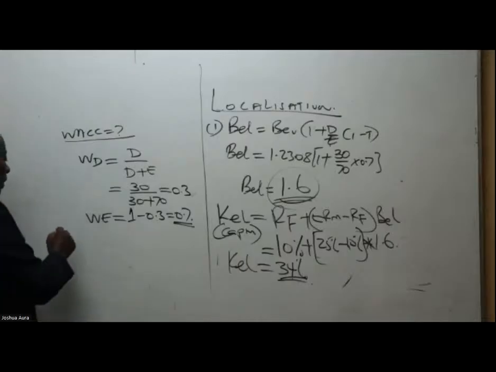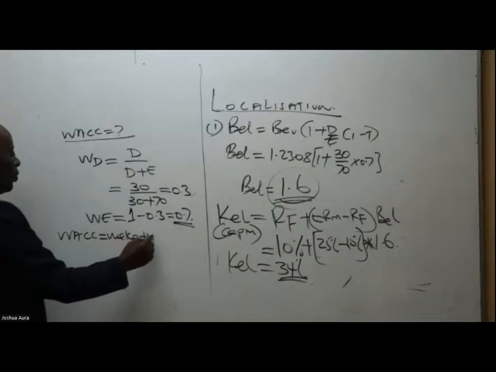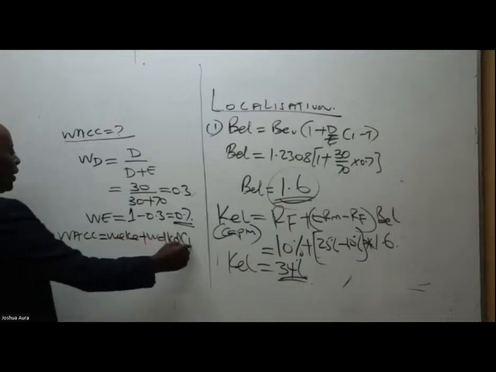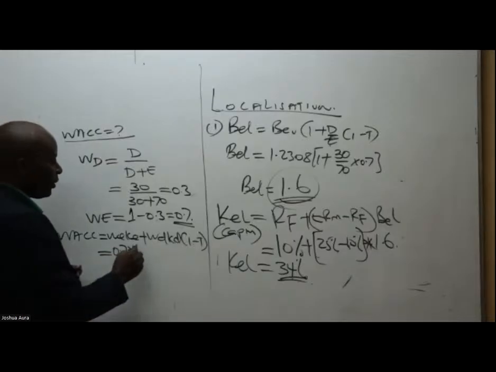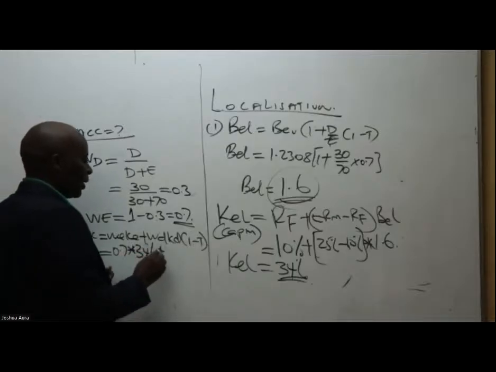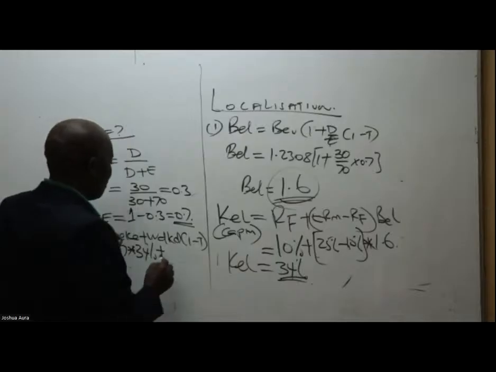So the WACC will be weight of equity times cost of equity, plus weight of debt times cost of debt times (1 minus tax). The weight of equity is 0.7. The cost of equity we already have as 34%, plus weight of debt, which you have given me as 0.3.